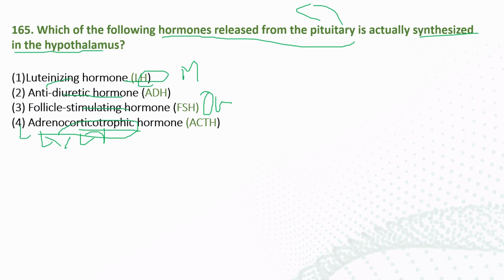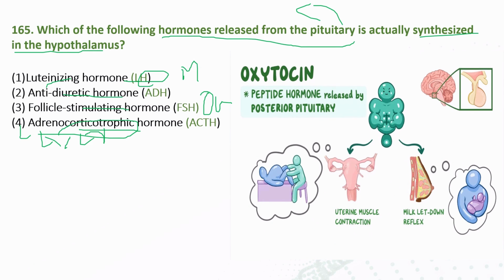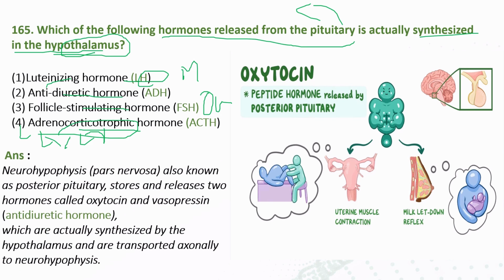If we move on to the antidiuretic hormone, these hormones are normally synthesized in the hypothalamus of the brain. There are two such hormones, oxytocin and vasopressin. They are synthesized in the hypothalamus of the brain, like here if you see in the picture.